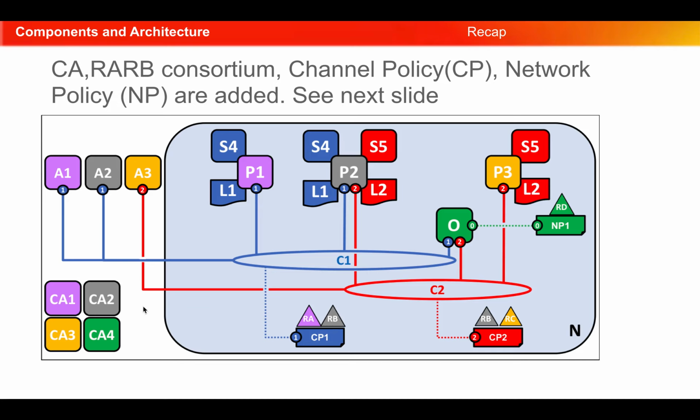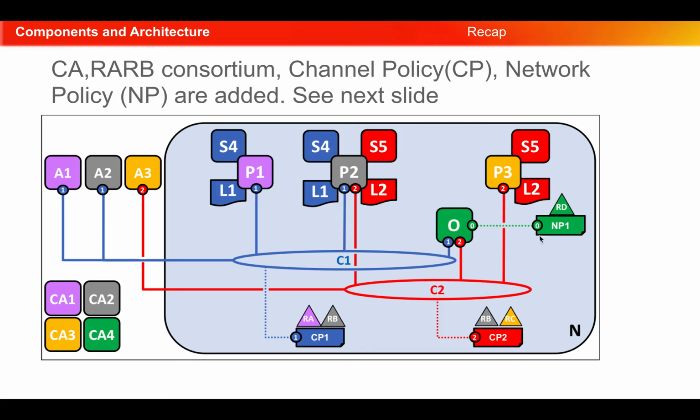So this is how the peers, applications, certification authority, and the formation of consortium and ordering work. We have only one orderer here, which is handling both channel 1 and channel 2.